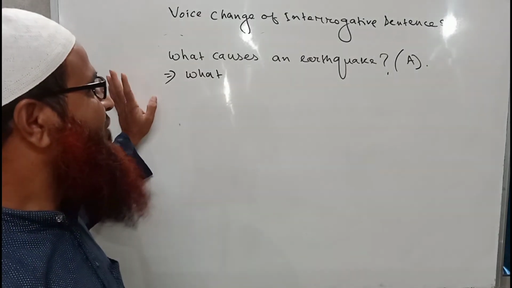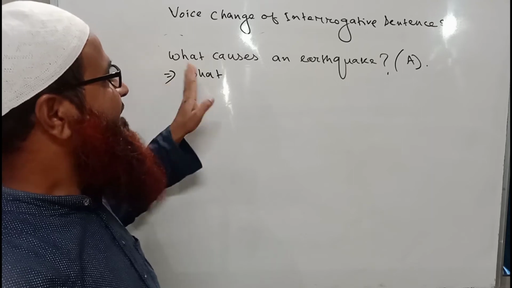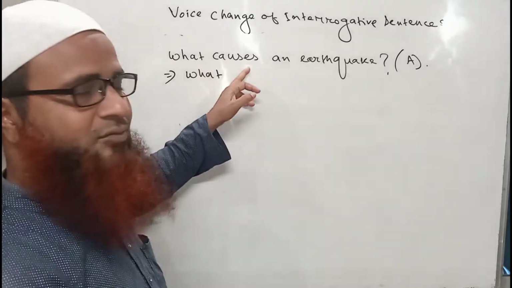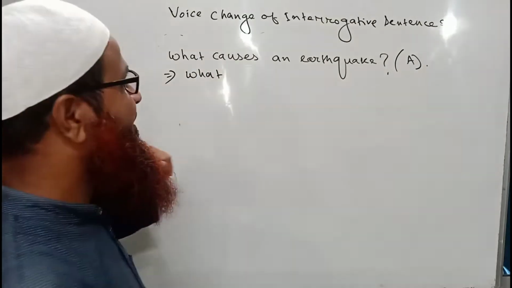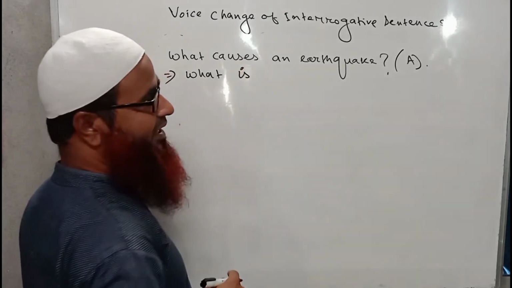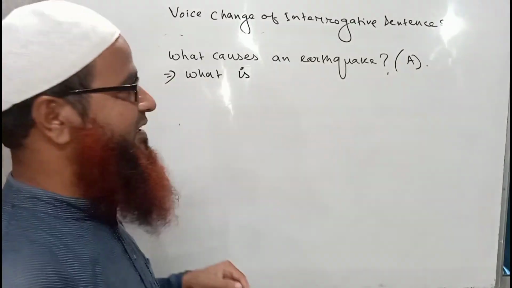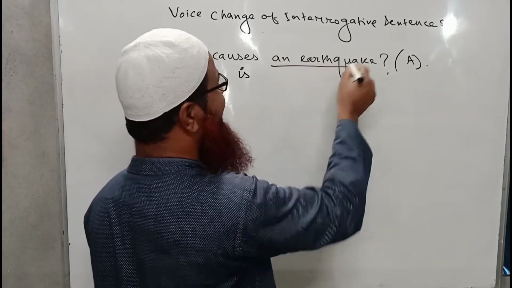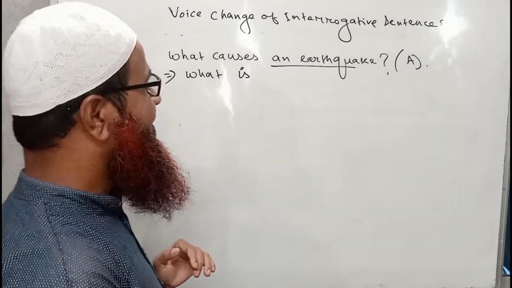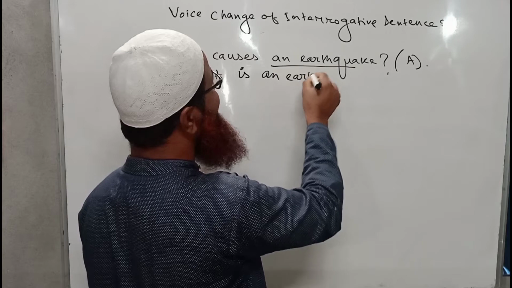As what is third person singular, that is why the verb has taken s with it. What causes an earthquake? So is will come here as the verb, and the verb must be written before the subject. Here the object is an earthquake. So what is an earthquake? It will become the subject.